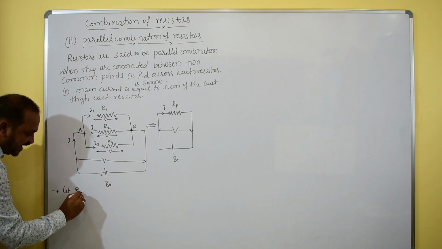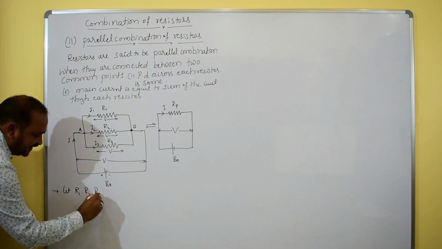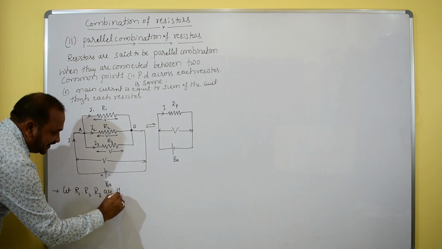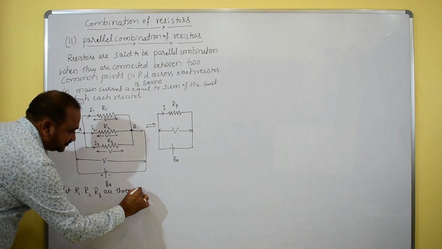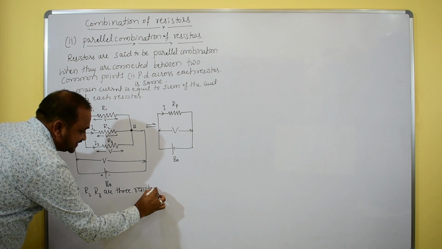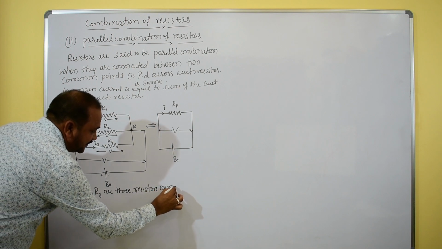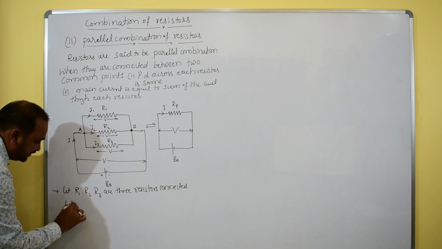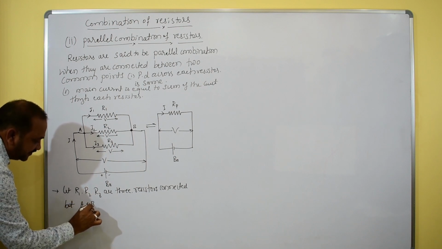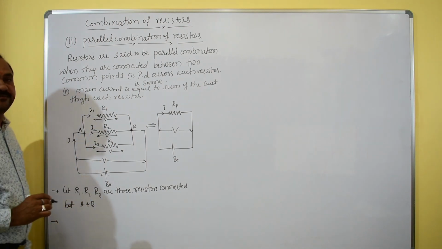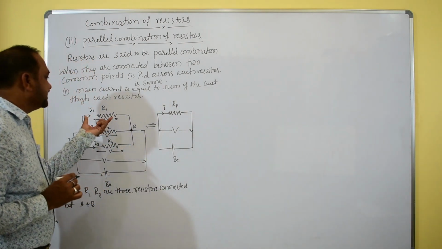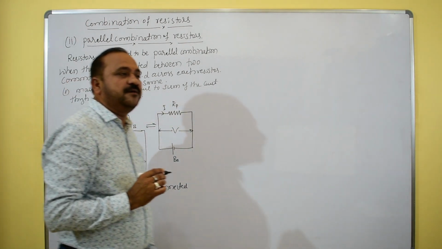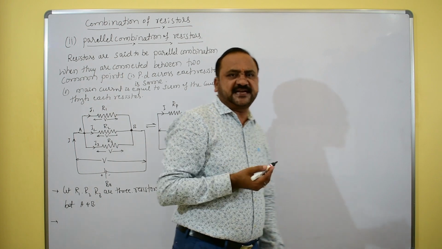Let's say R1, R2, R3 are 3 resistors connected between points A and B. In this case, I1 is the current, but what happens?